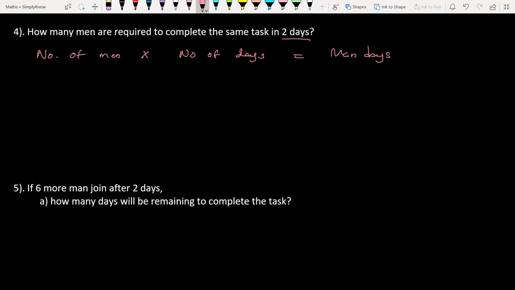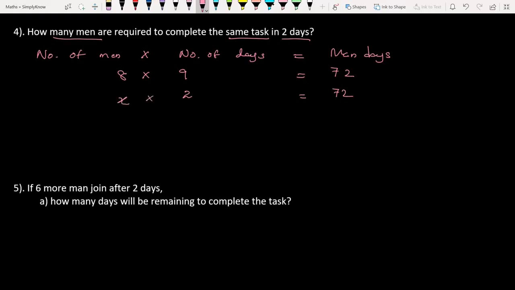Number of men in the initial situation is 8, and they take 9 days, and man days are 72. To complete the same task within 2 days, that means number of days is 2, and same task means 72 man days. How many men are required? So for number of men, let's use x.